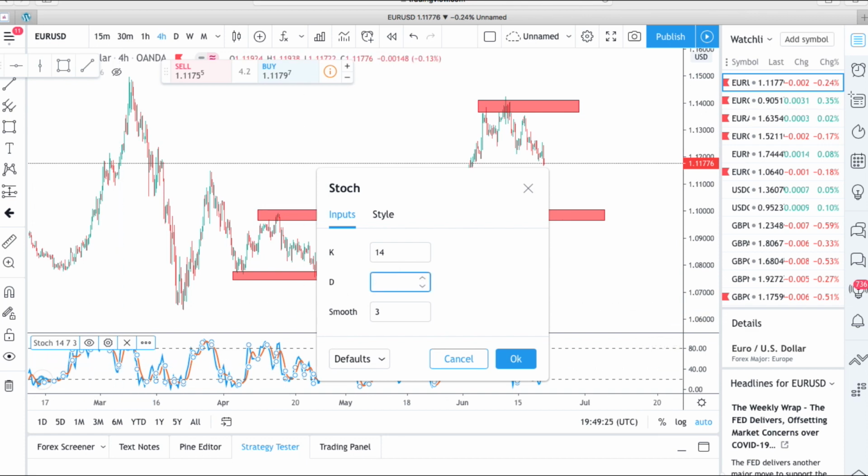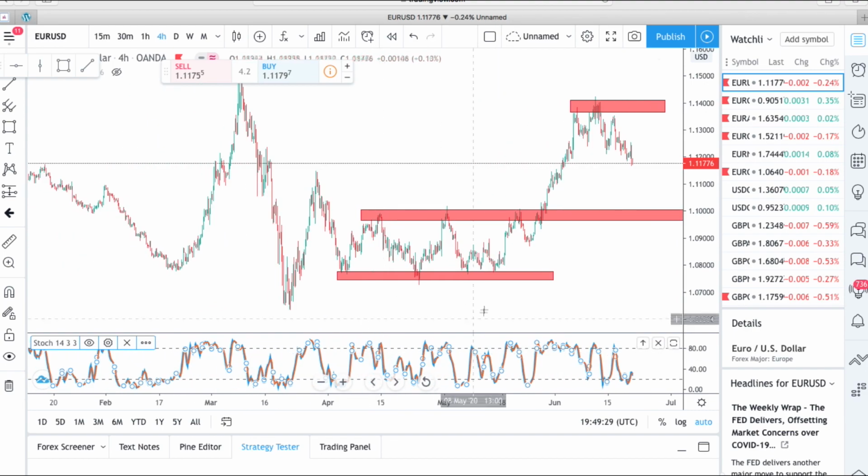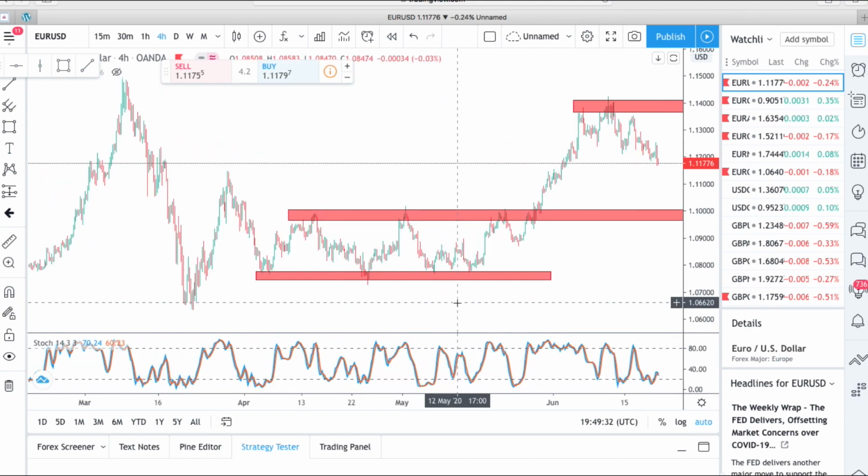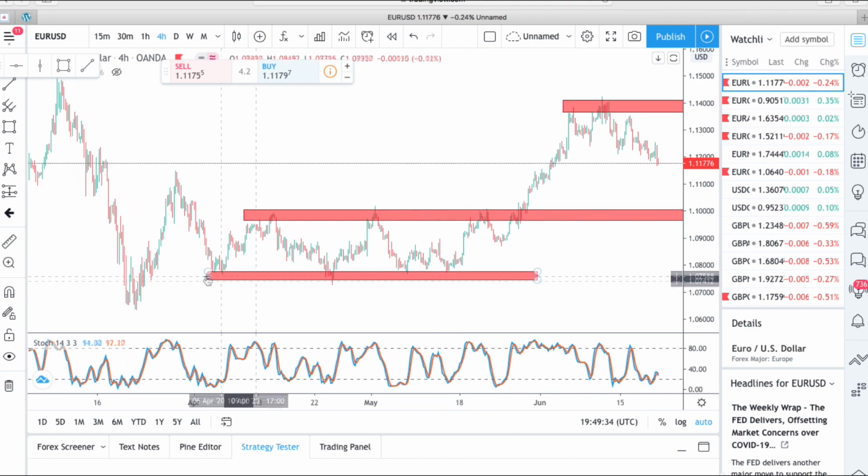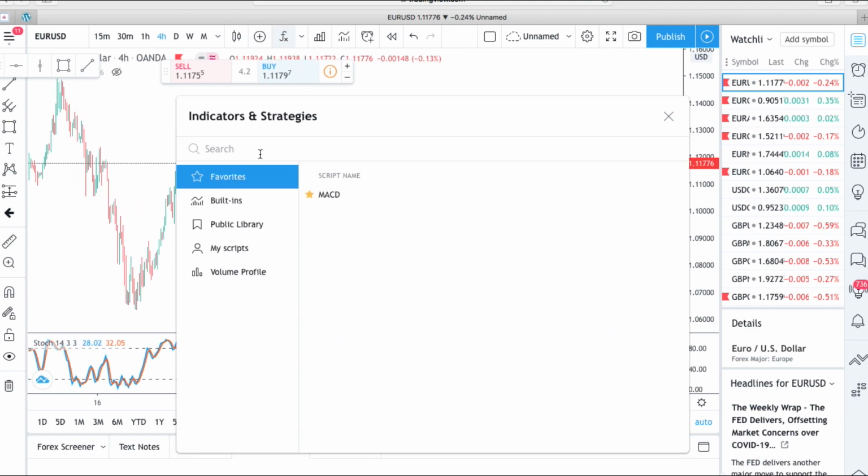So set D as 3 and leave it at 14, 3 and 3. So now it's a bit more smooth. We have the blue and the orange line following each other closely. And the next one we're going to add is the RSI.